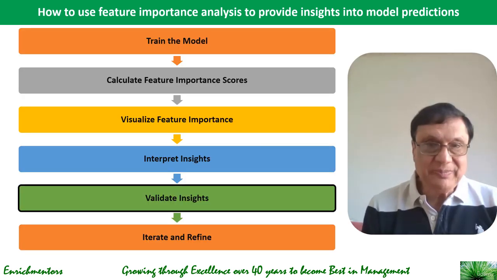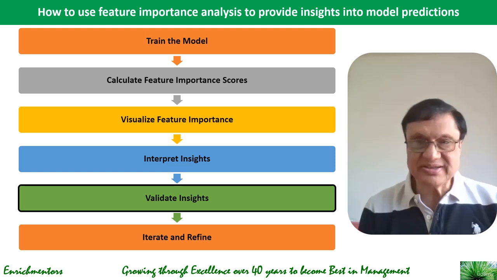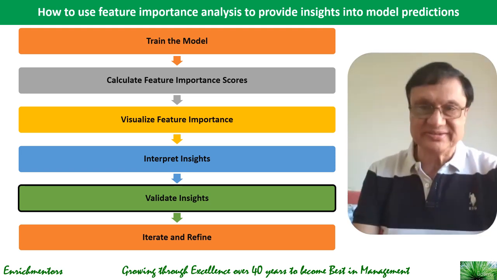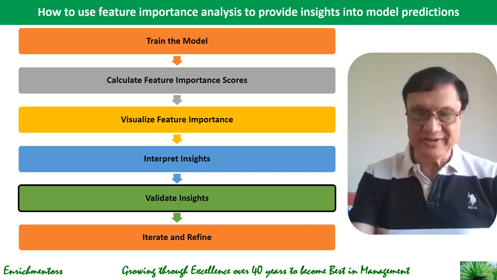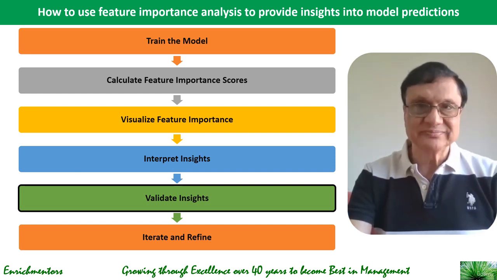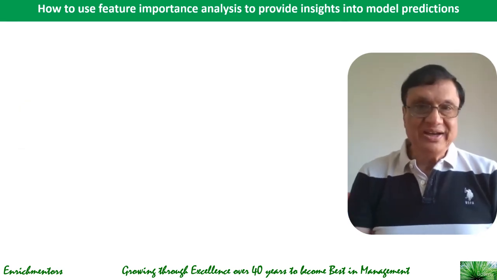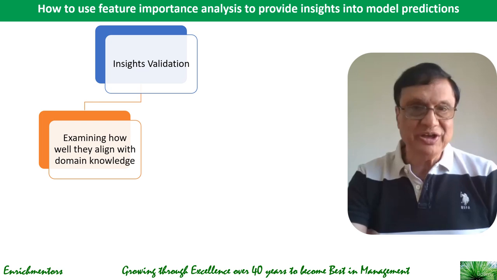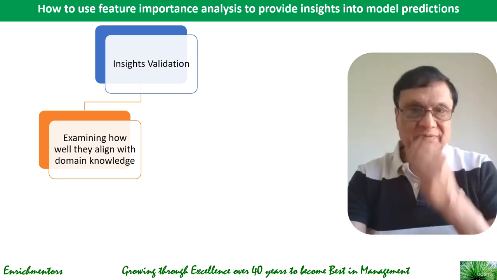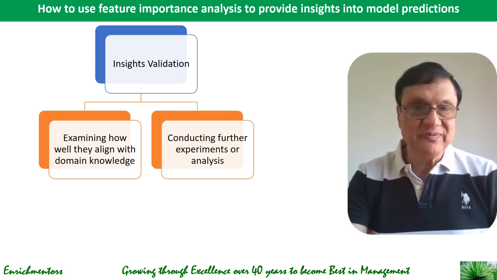So having interpreted insights, the next thing is to validate the insights. And how can you validate the insights? Let's take a look at that in the next slide. So, validating the insights gained from feature importance analysis is done by examining how well they align with the domain knowledge or by conducting further experiments or analysis.